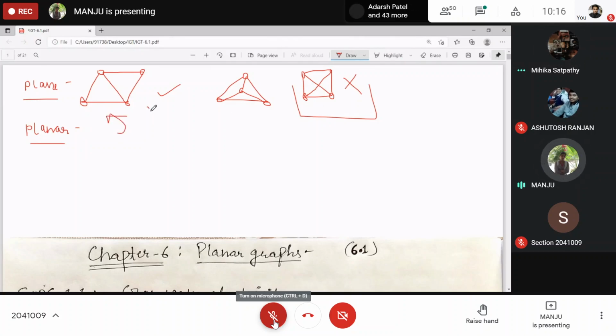So all these are planar. This is already a plane graph, so planar. Every plane graph is obviously planar, but we cannot say the converse. For example, this drawing of K4 is not plane but planar, right? You can draw it like this. Clear?